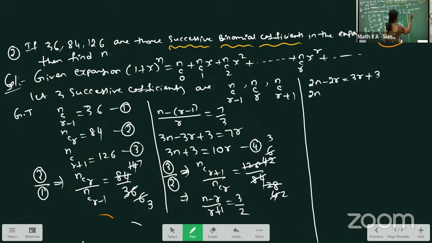Bring 3 to this side, it becomes 2n minus 3 is equal to, if 2r goes that side, plus 2r, 3r plus 2r is 5r. Take this as equation 5.